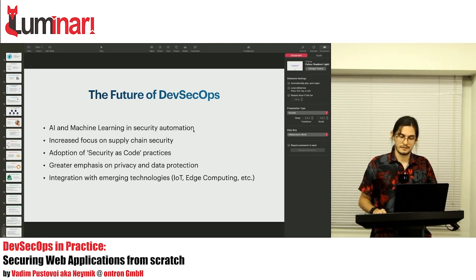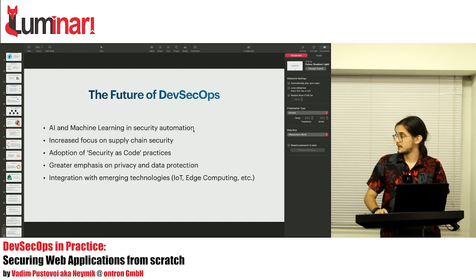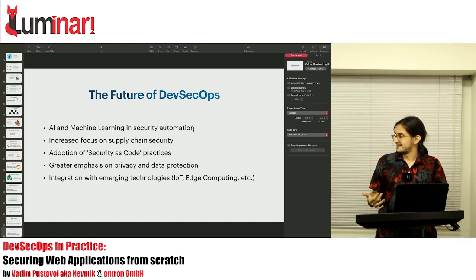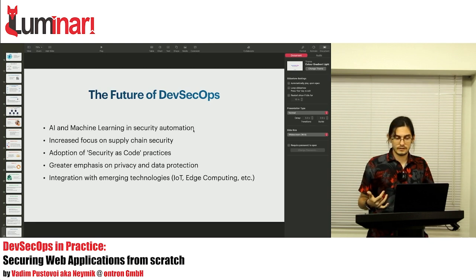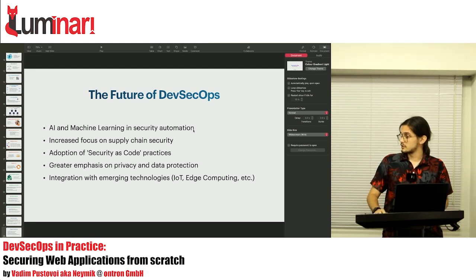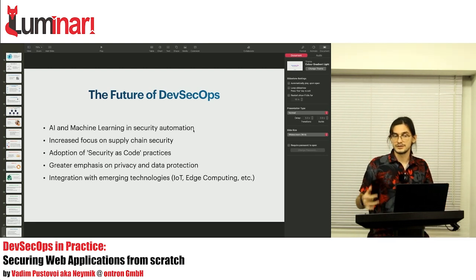Maybe all of that stuff will be automated very AI-ly. But yeah, I think there will be a very big future for DevOps and security overall.